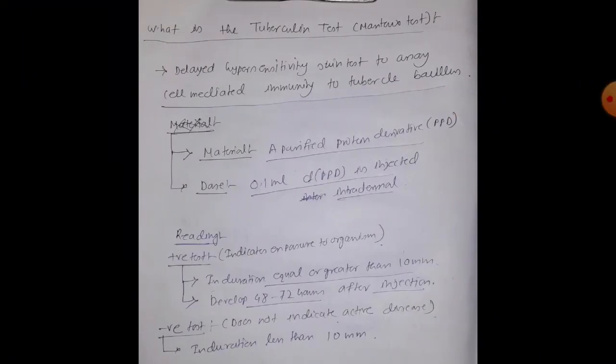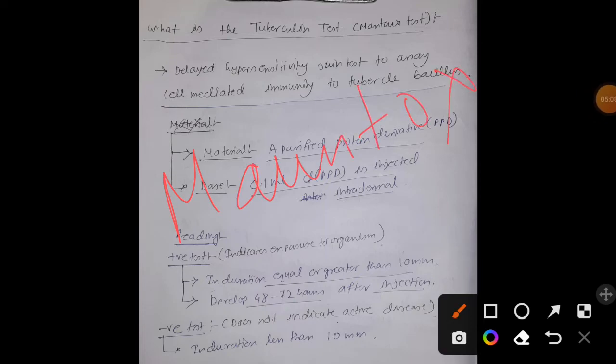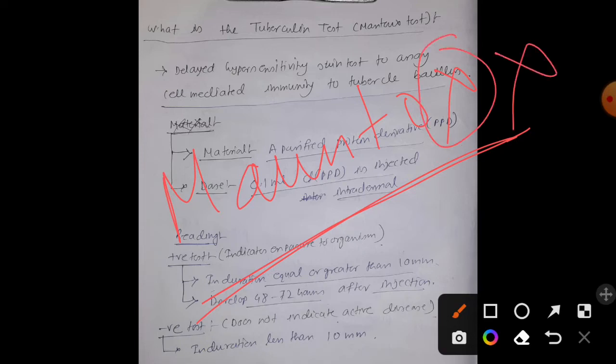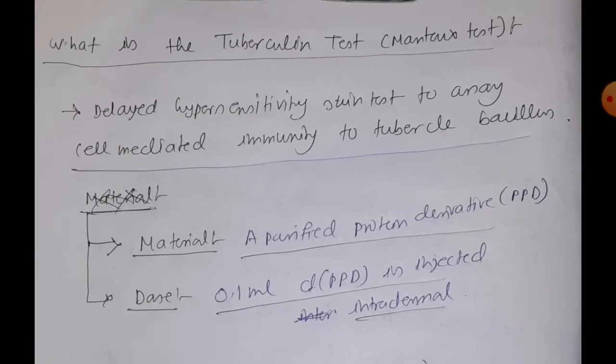Now let's come to the topic, that is the tuberculin or Mantoux test. Although the term is Mantoux test, the X here is not pronounced. So what is the tuberculin test?